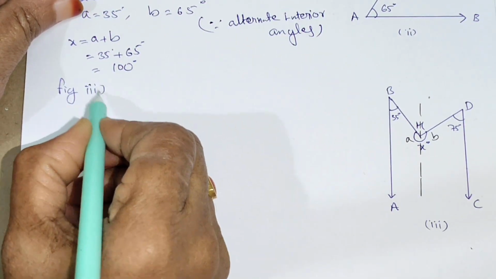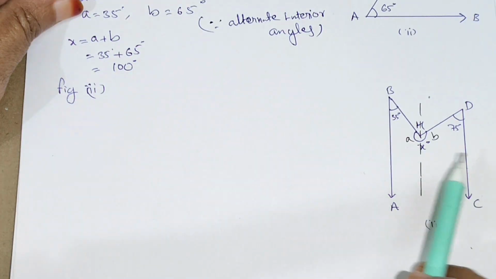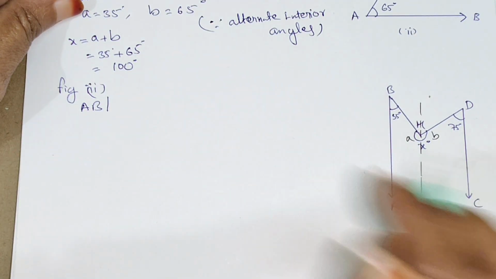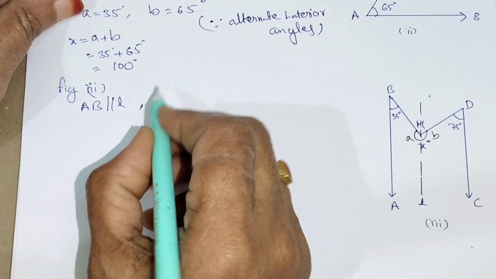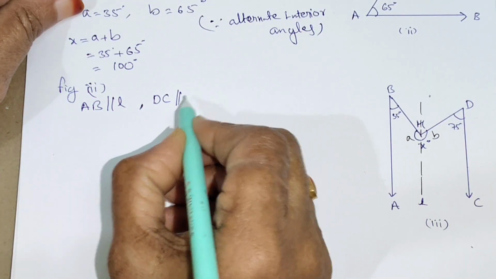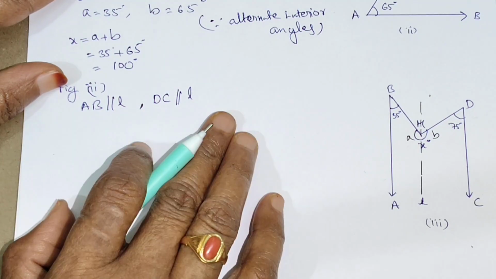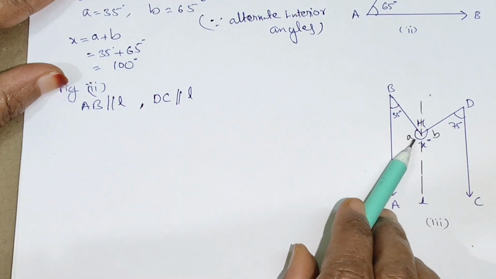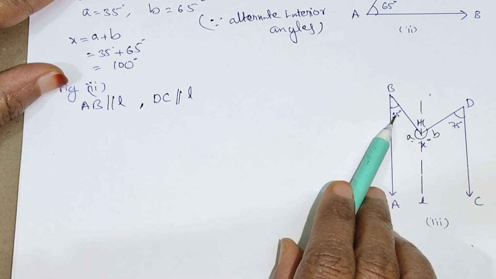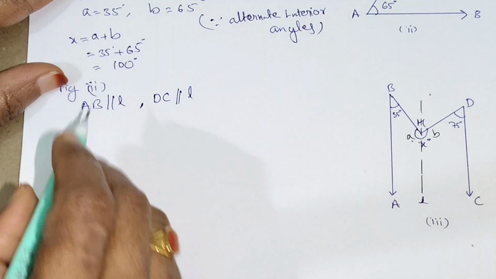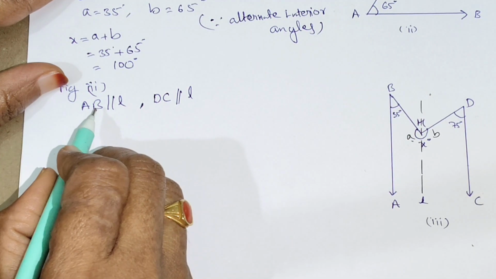Here in figure 3, AB is parallel to line L, and DC is parallel to line L. So these three are the parallel lines. So here A plus 35 equal to 180, because they are interior angles on the same side of the transversal.